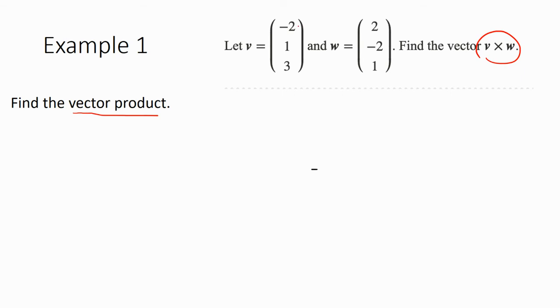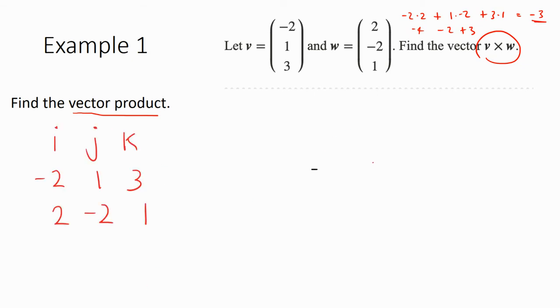It's just where you're doing -2 times 2 plus 1 times -2 plus 3 times 1. This is the easy dot product. It just equals a number. -4 minus 2 plus 3. That's -6. It's almost too easy, you do it really fast and you mess up. That's the dot product.